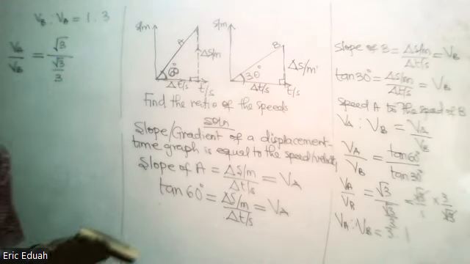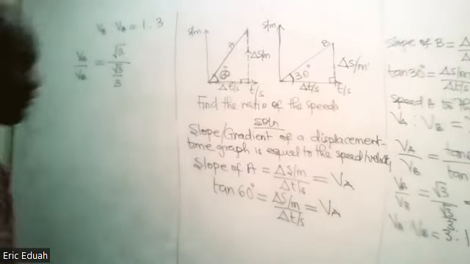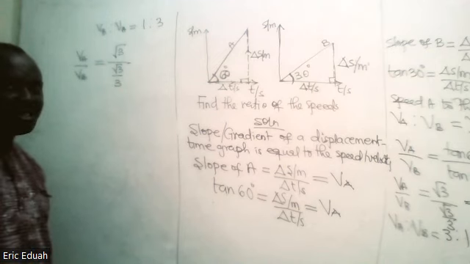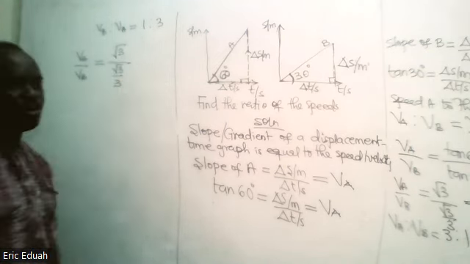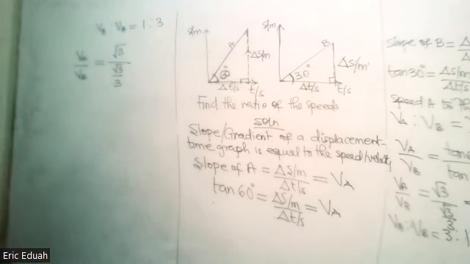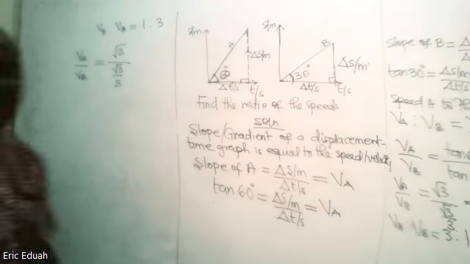I want to change the numerator, which is not a fraction, it is just root 3, into a fraction.